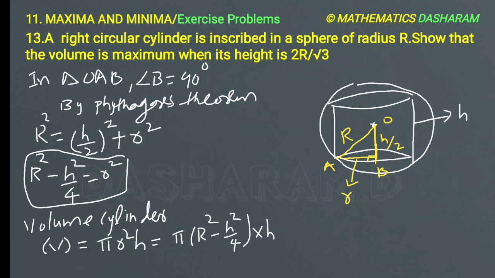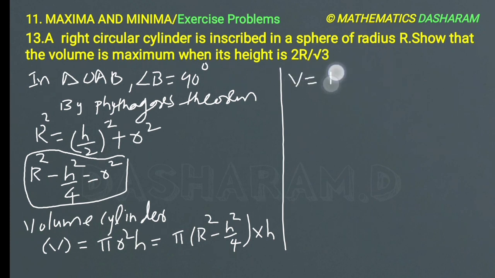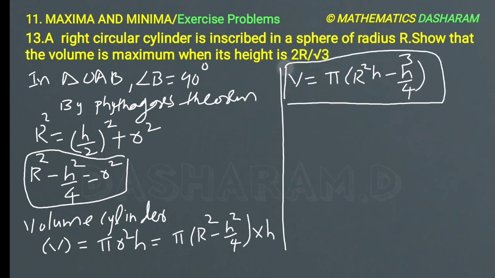So V equals h multiplying inside: pi into (R square h minus h into h square, which is h cube, divided by 4). So this is a function for the volume.